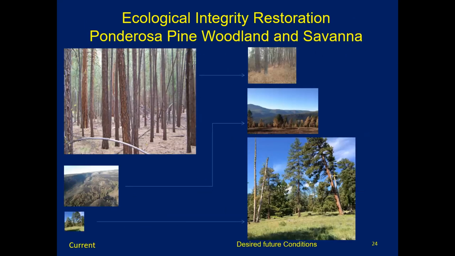So taking a look at the ponderosa pine oak savannas that we see a lot in Eastern Washington, we've got overstocking, density. I think I saw the slide where there were too many straws in the glass. That's the good picture in the upper left. And we want to get that down to a more desirable landscape like what is in the lower right.